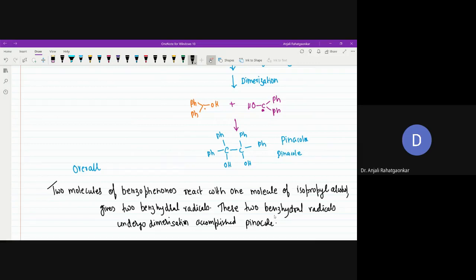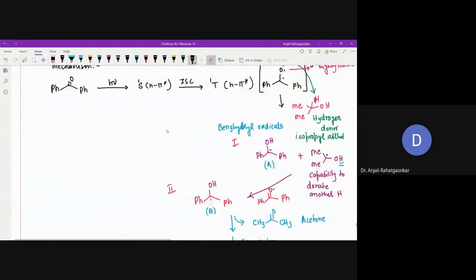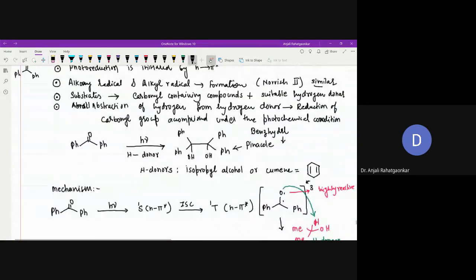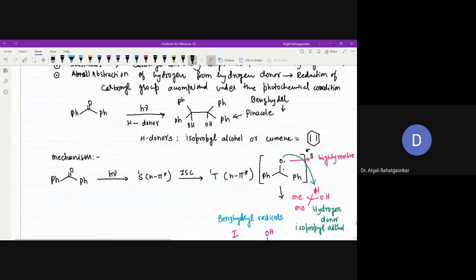So this is the beauty of the reaction, that two molecules of benzophenone are exhausted in the photochemical reaction. So one molecule of this isopropyl alcohol has a capacity to reduce these two molecules of benzophenone.